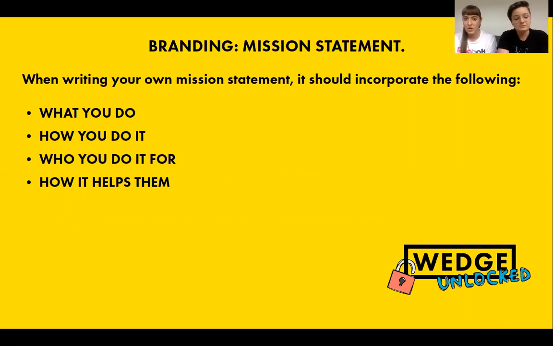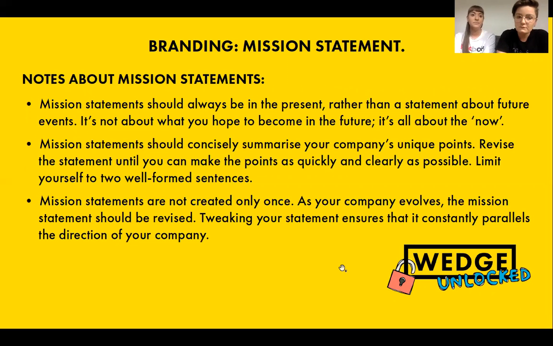When you're writing your own mission statement, it should incorporate the following: what you do, how you do it, who you do it for, and how it helps them. So those are the 4 steps that you can take when drafting up a mission statement, and make sure it ticks all those boxes. A few notes about mission statements: they should always be in the present tense rather than a statement about future events.